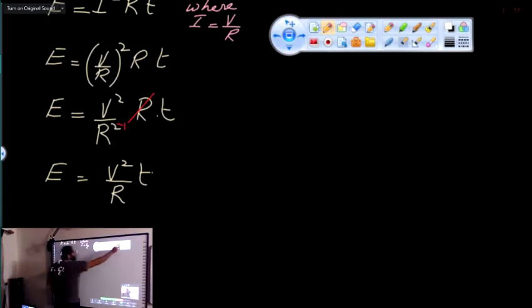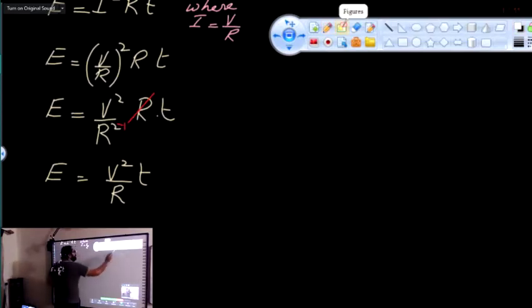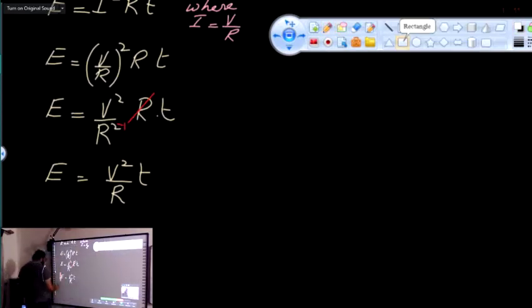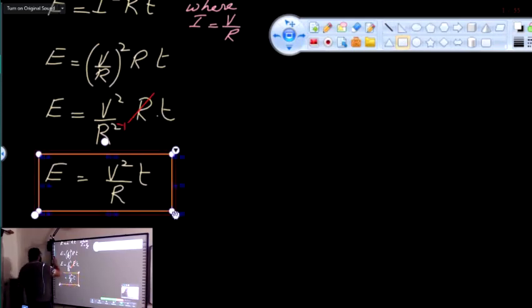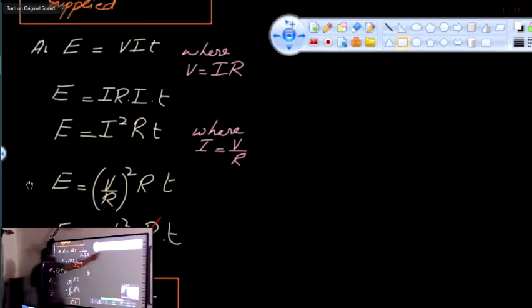Now we have two formulae over here. One is this one, and the other one is this one.